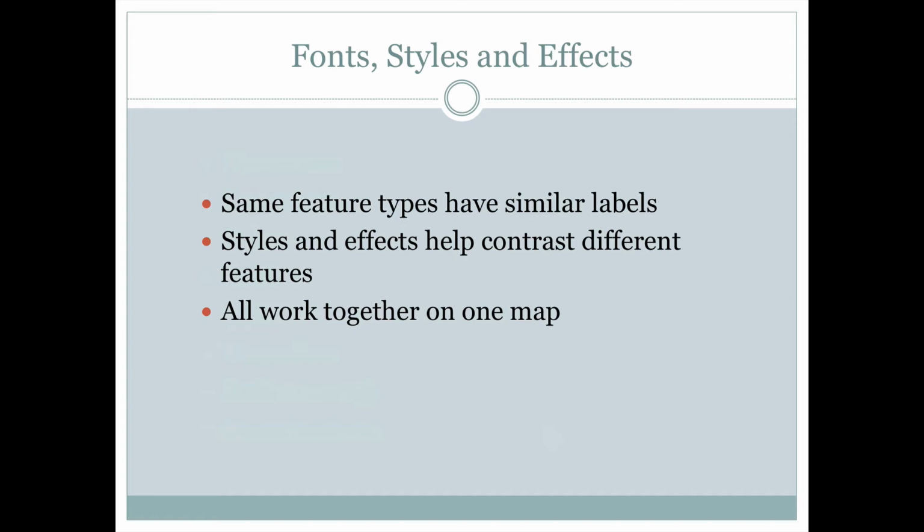But we might want to contrast that with something else, for example, the name of cities. Of course, the hard part is to use different styles, maybe some serif, some sans-serif, different colors perhaps, different bold and italics and uppercase and lowercase, and all have it work together on a map.